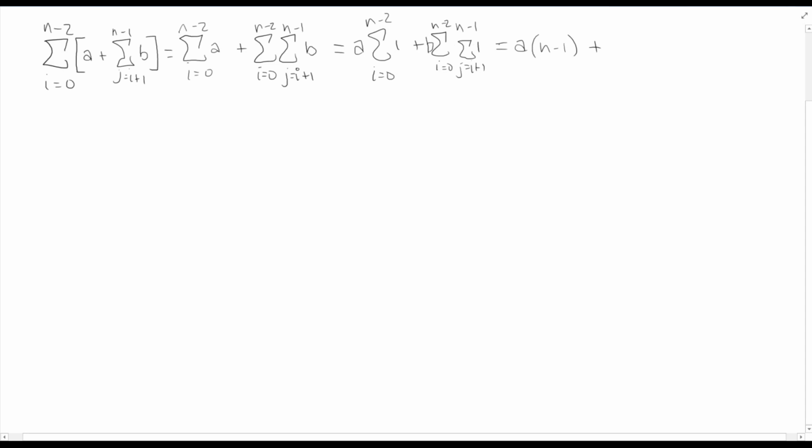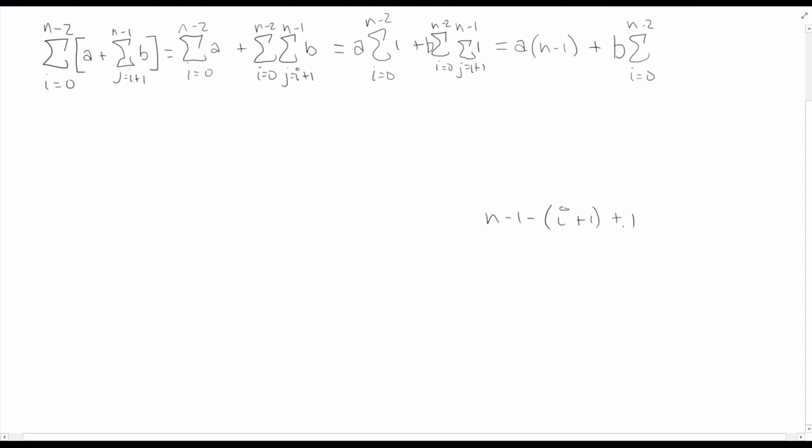Our second sum here maybe not so easy, so let's leave our b here. The outer sum I'm just going to leave alone. And then the inner sum we want to look at closely here. Well, again, let's maybe go to some scratch here. We are only just summing over 1, so we want to know how many 1s there are. Well, we take the upper bound, n minus 1. We minus off the lower bound, which is I plus 1.